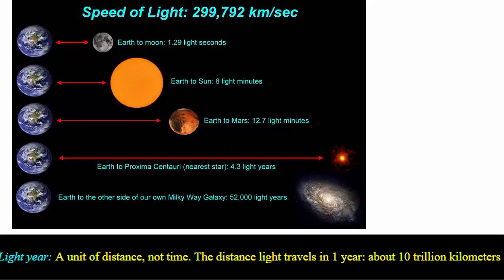So the Sun is 8 light minutes away. We get down to Proxima Centauri, our nearest star. That's 4.3 years of light travel, so it's 4.3 light years away. So just to review, a light year is a distance: how far light travels in 1 year.